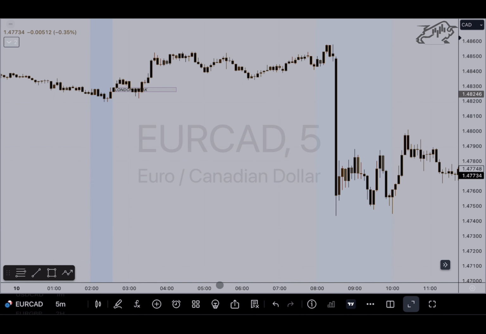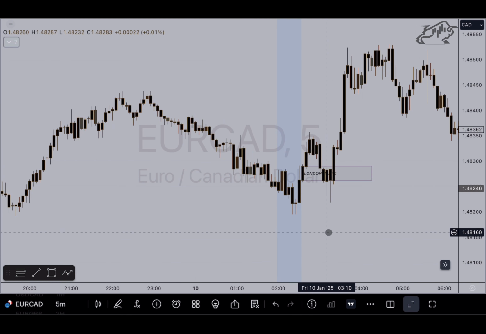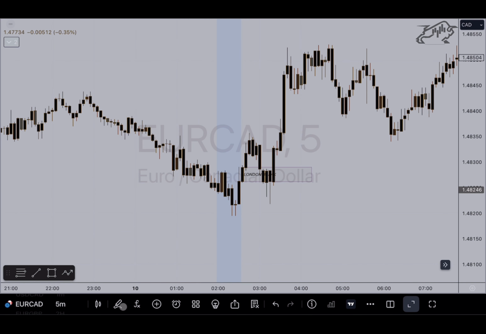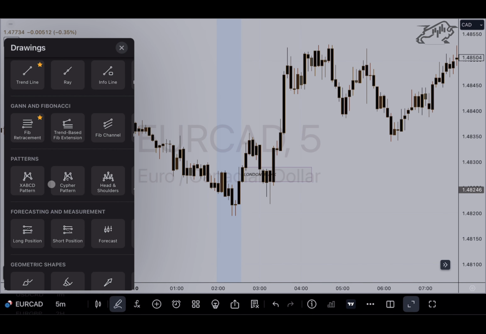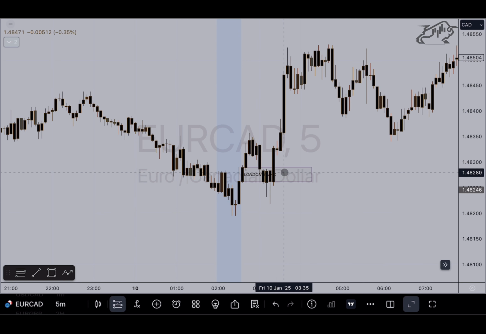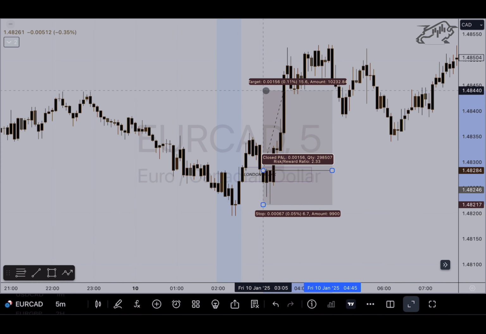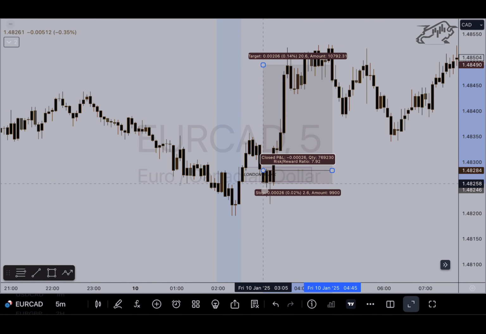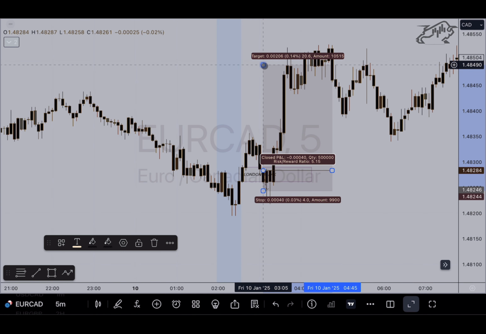This is also, well, user discretion is advised, you guys. How would you have placed your trade here? Me personally, I would be entering like this, covering just the spread on my broker.